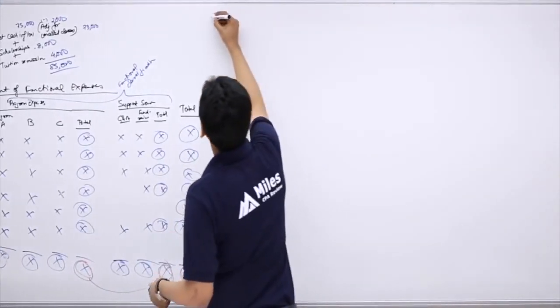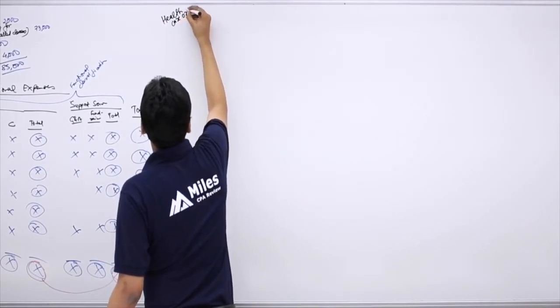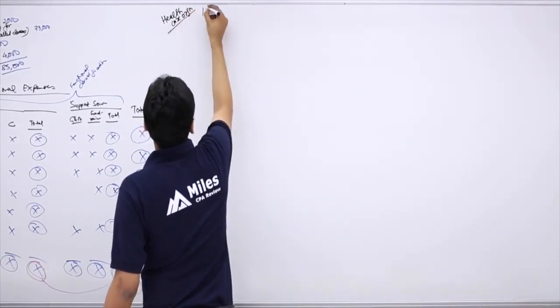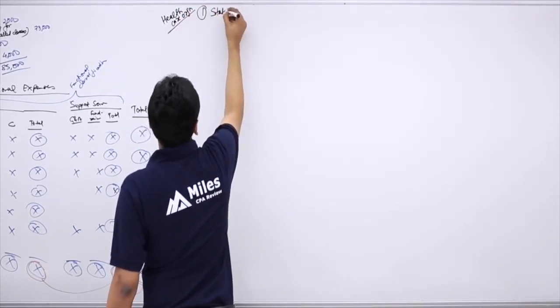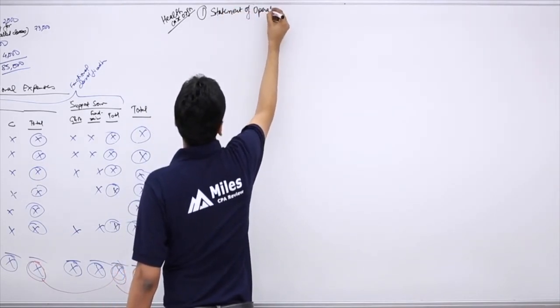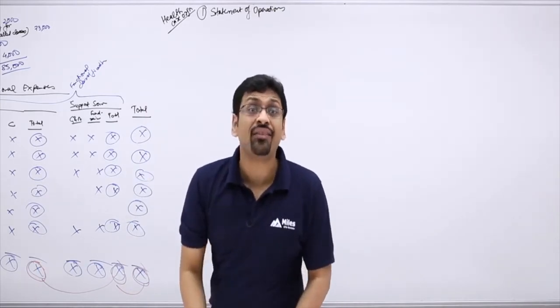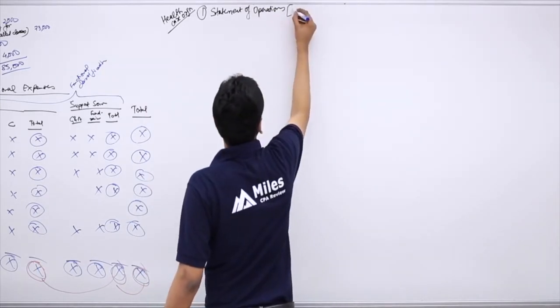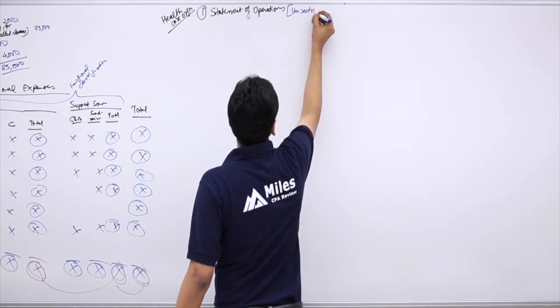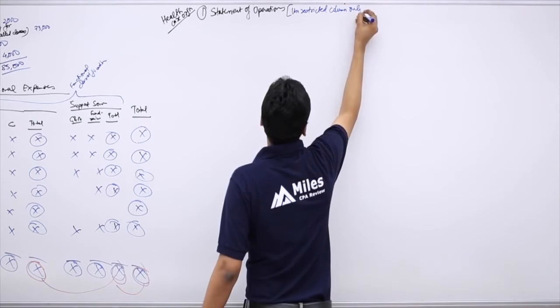So we're looking at healthcare organizations. And the first statement we're looking at is the statement of operations. And as I told you, what we are looking at here is only the unrestricted column.